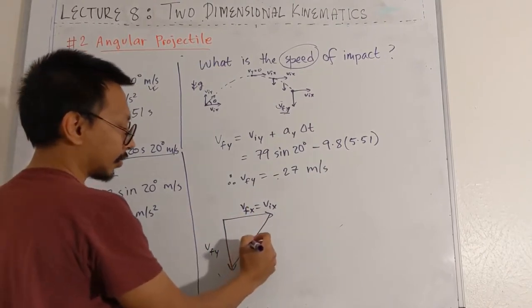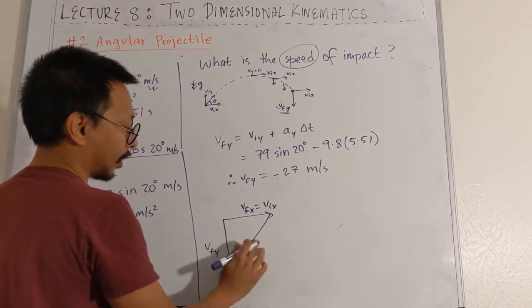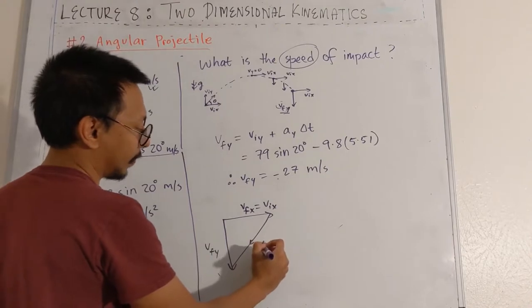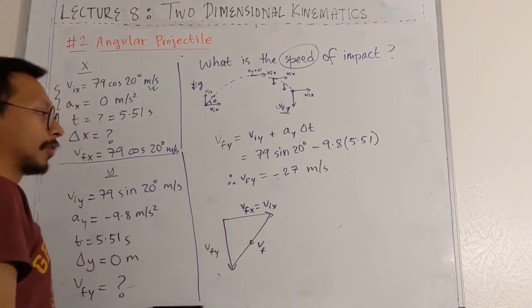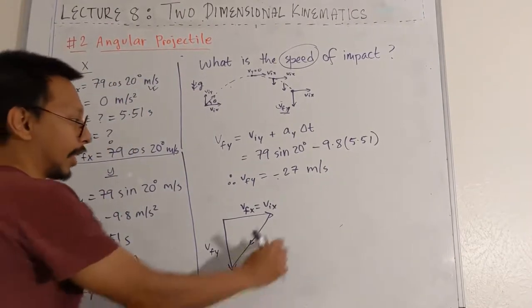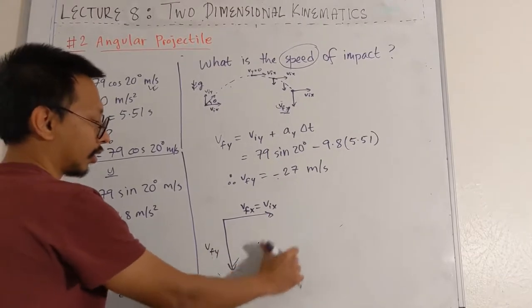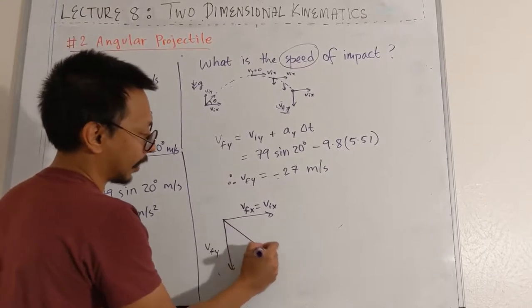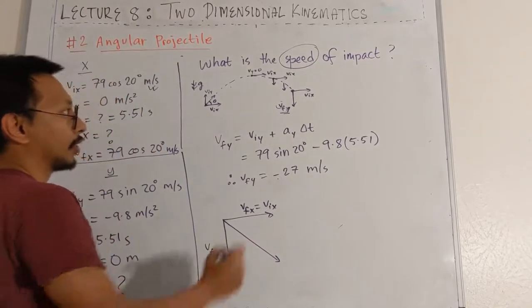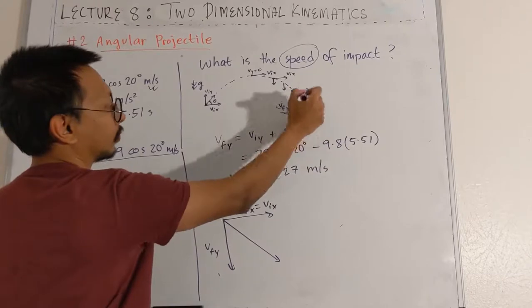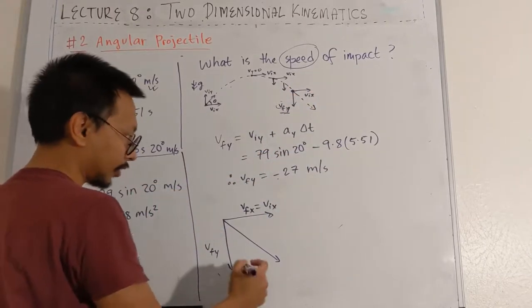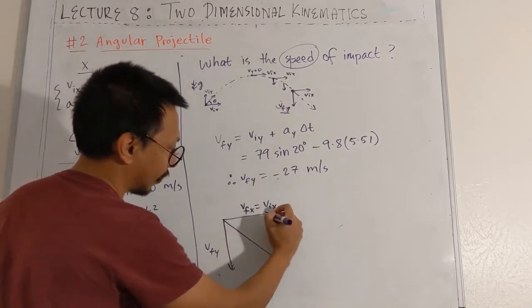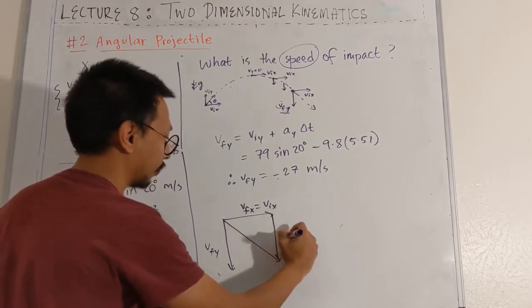Okay, this is my velocity vector, which is just before it hits the ground. Okay, actually the velocity vector looks like this when it hits the ground, like that, so that you can redraw this triangle like so.